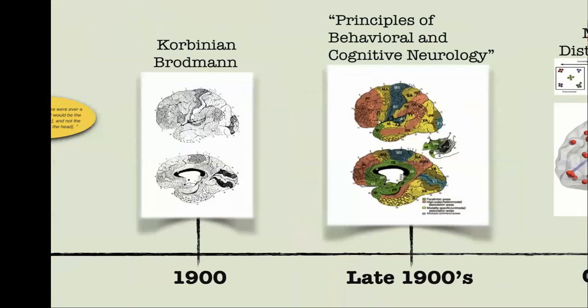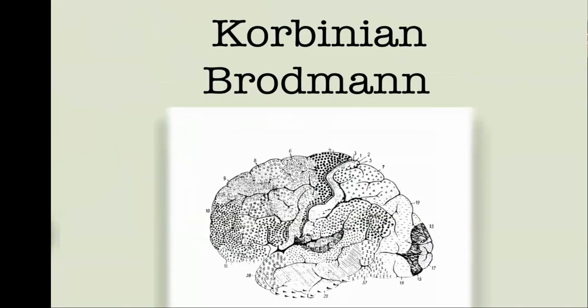As time advanced, we had other interesting people that got really interested in looking at how the regions of the brain that look different to each other are correlated with different functions. We have this guy, Korbinian Brodmann, who actually blindly studied a ton of brains under the microscope, and he saw that indeed different regions of the brain had different cytoarchitectures, meaning the cells look different as he moved from the front all the way to the back.